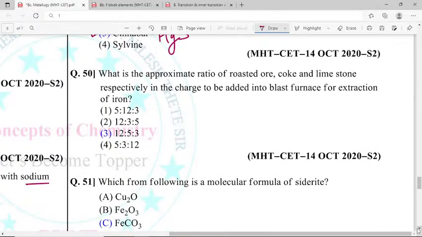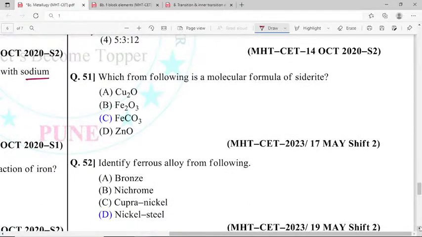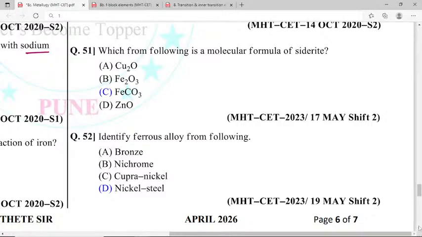What is the approximate ratio of roasted ore, coke and limestone respectively in blast furnace extraction of iron? 12:5:3. IMP question 2026. Which from following is a molecular formula of siderite? 2023.